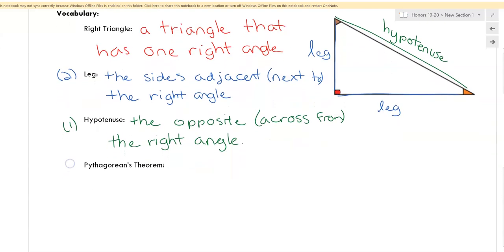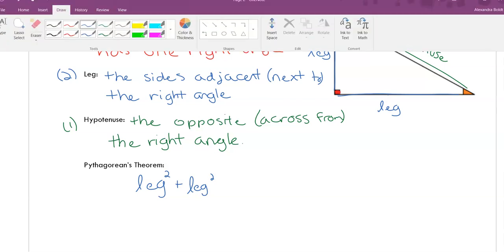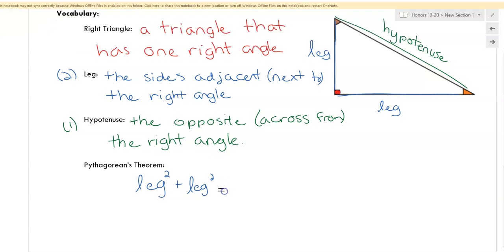What Pythagorean's theorem tells us is if I take the two legs and I square them and add them together, that will equal the hypotenuse squared. Okay?